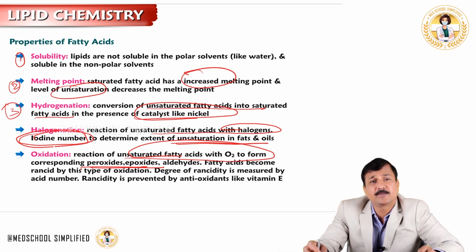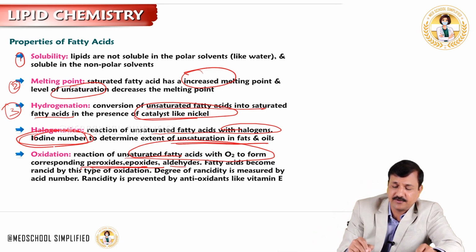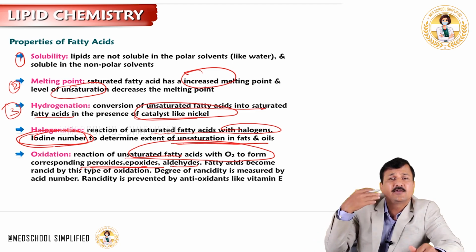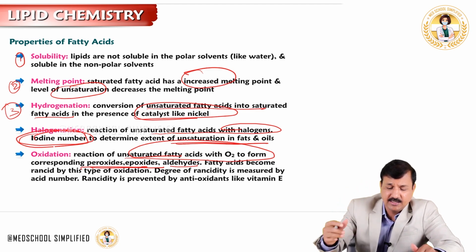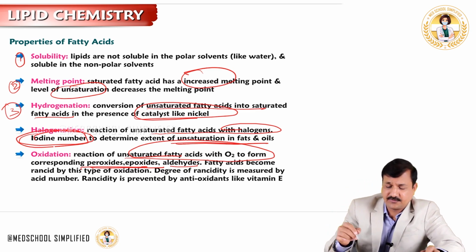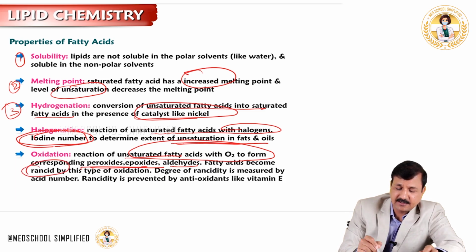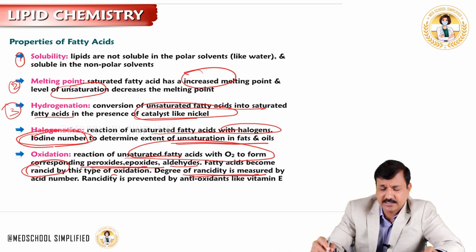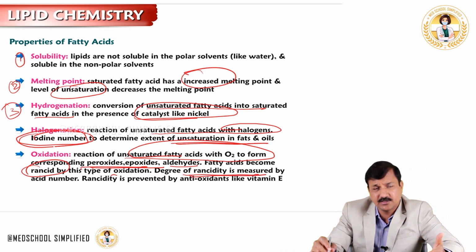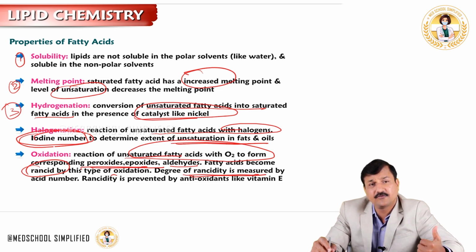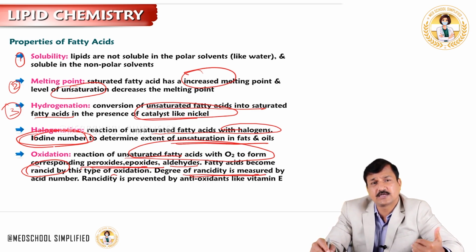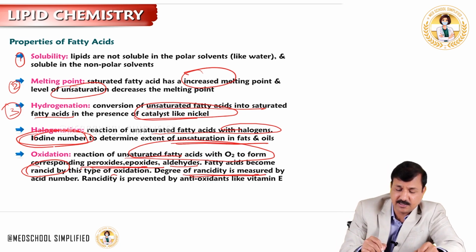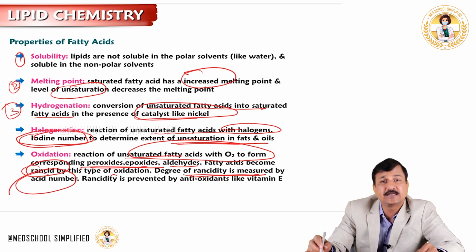And then oxidation: reaction of unsaturated fatty acid with molecular oxygen will lead to formation of corresponding peroxides, epoxides, and aldehyde forms of fatty acids, and it will change the odor of a fatty acid. Fatty acids generally become rancid by this type of oxidation, and the degree of this oxidation of unsaturated fatty acid, which is referred to as rancidity, can be measured by something called the acid number.